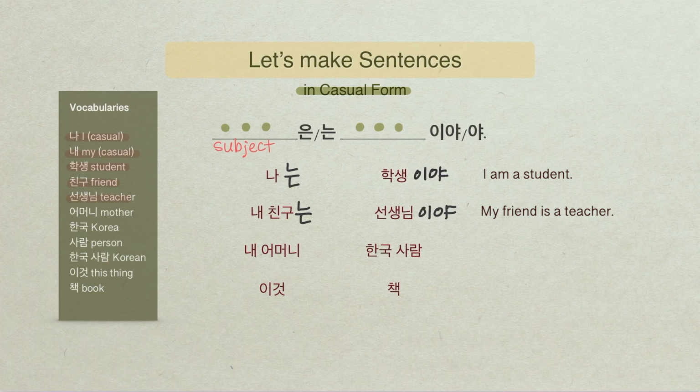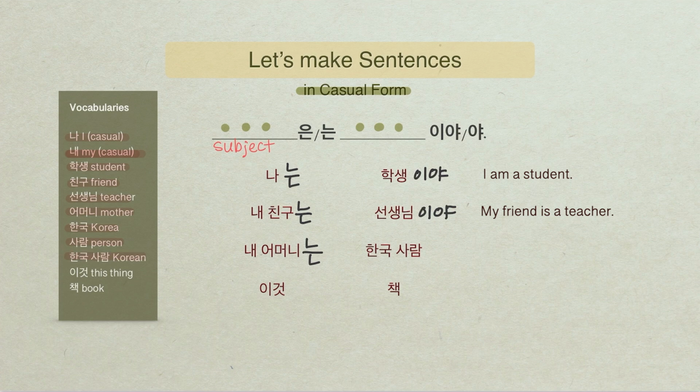And let's see the other one. 내 means my. 어머니, mother. My mother, 내 어머니. And 어머니 ends in vowel, so we have to use 는. 내 어머니는 한국 사람. 한국 is Korea. 사람 is person. 한국 사람, Korean person.